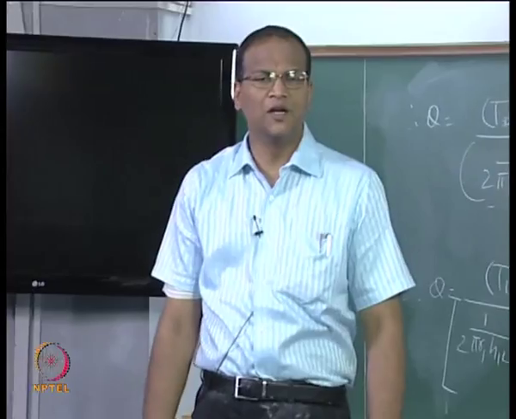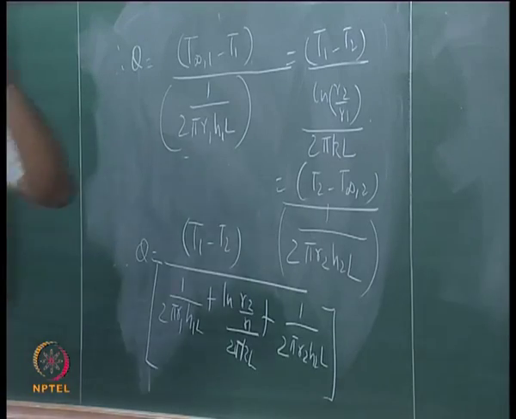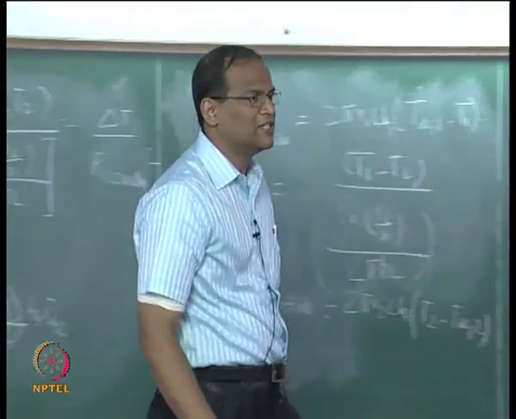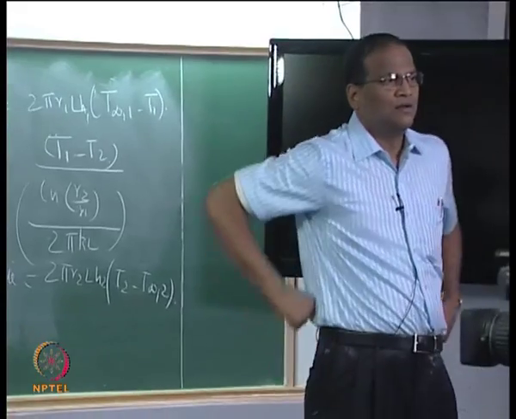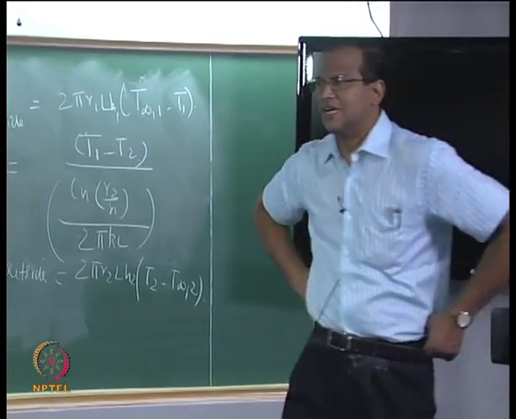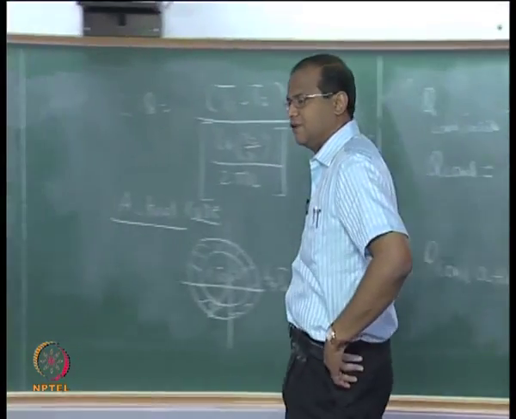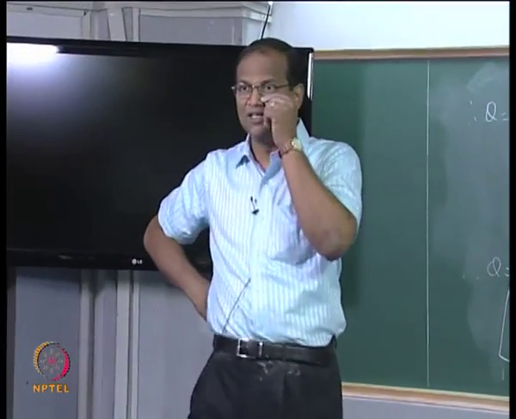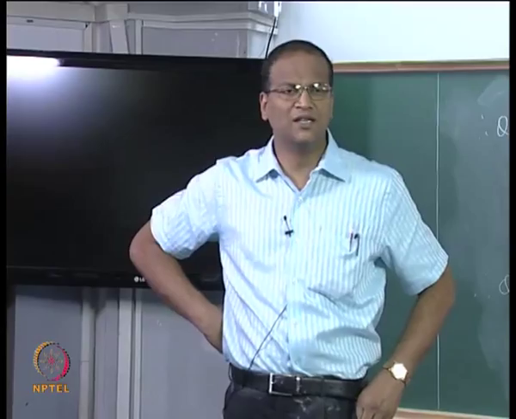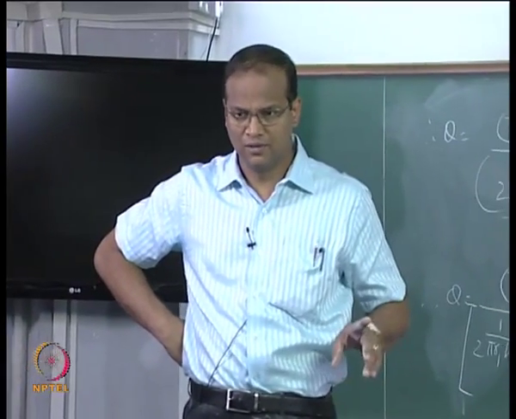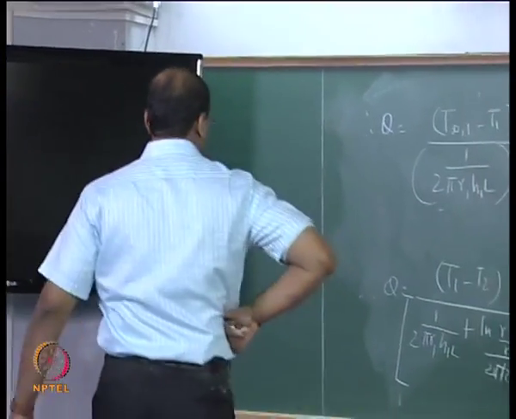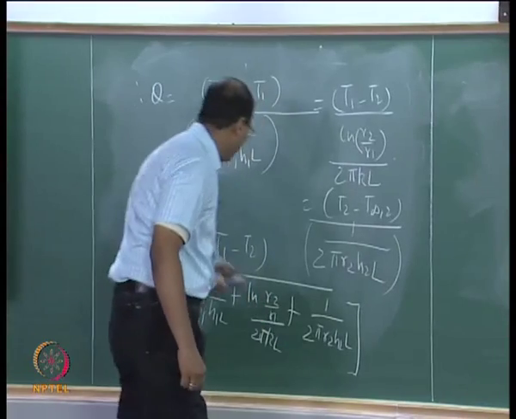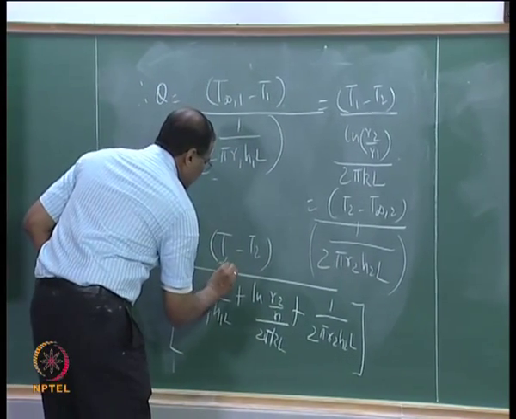So the three terms in the denominator are: the first term represents the convective resistance on the inside, the second term represents the conduction resistance across the thickness of the tube, and the third term represents the convection resistance on the outside. The first and third terms are also called surface resistances.